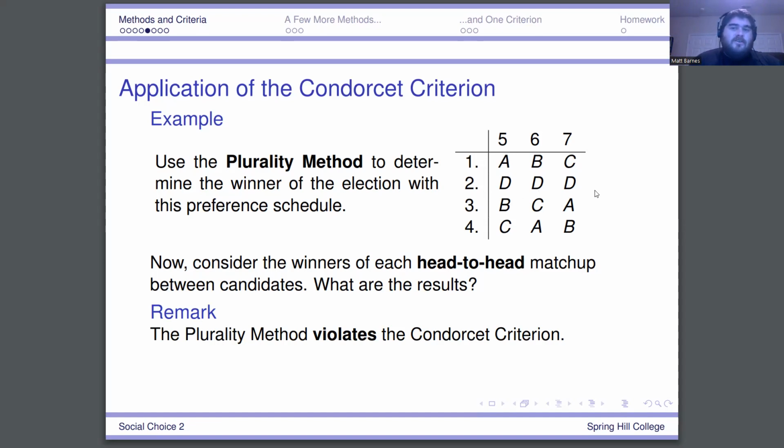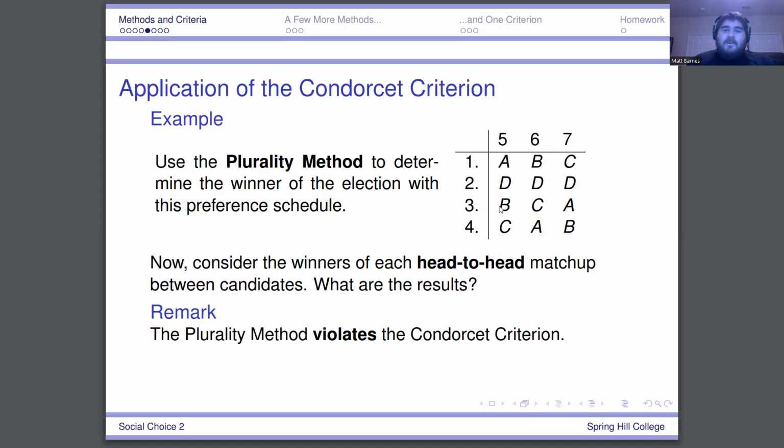Even though D only got second place votes and nobody voted for it in first place, we can see that D is preferred to A. 5 people liked A over D, but 13 of them liked D over A. So D beats A. D beats B here and here. That's 12 people who like D over B compared to 6 who like B over D. So it wins against that.